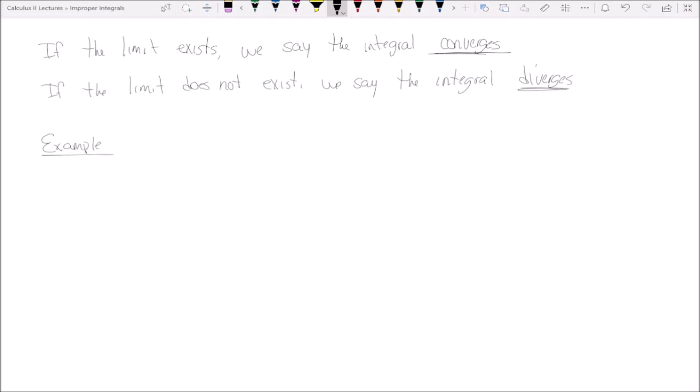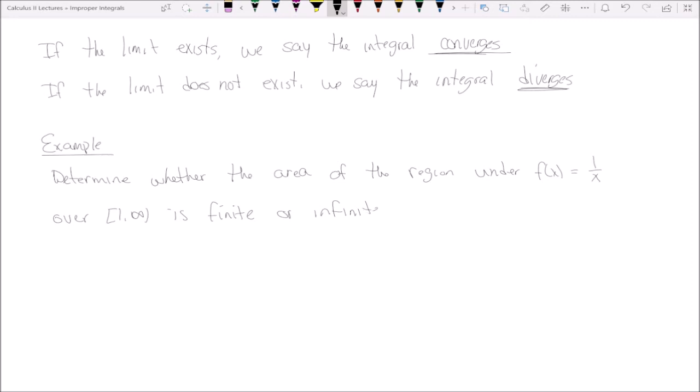So what we wish to do is determine whether the area of the region under the graph f of x equals 1 over x over the interval 1 to infinity is finite or infinite.